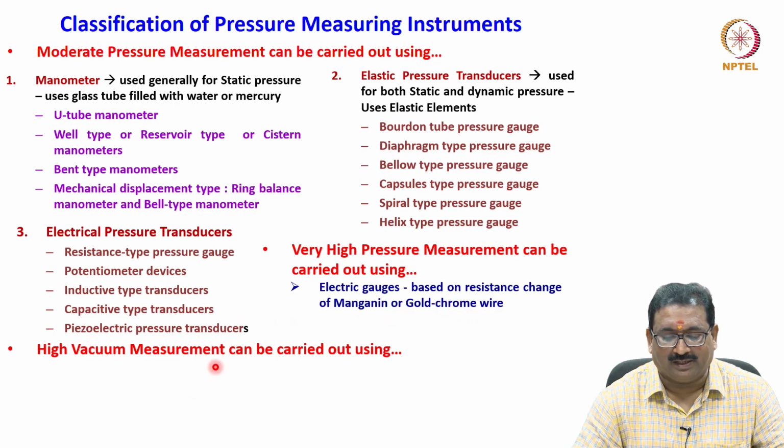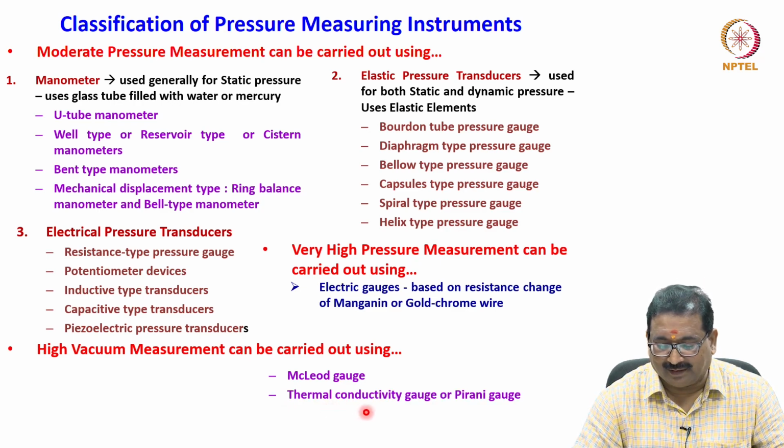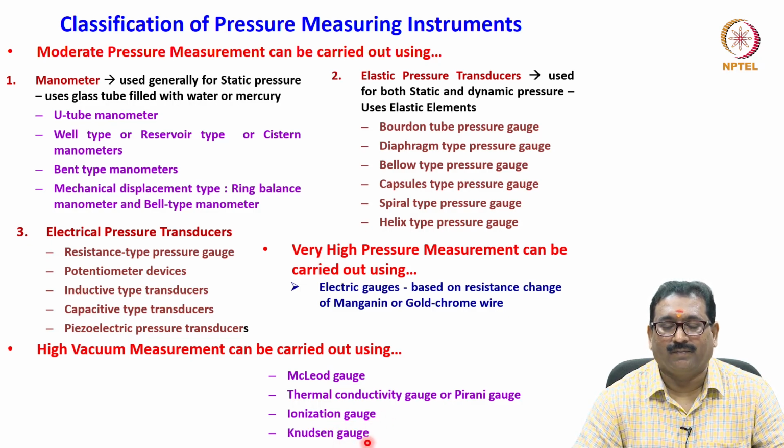The high vacuum measurement can be carried out using McLeod gauge, thermal conductivity gauge, also known as Pirani gauge, ionization gauge, Knudsen gauge. Please understand, friends, there are various types of pressure measurement devices to measure the moderate pressure, very high pressure and a very high vacuum.